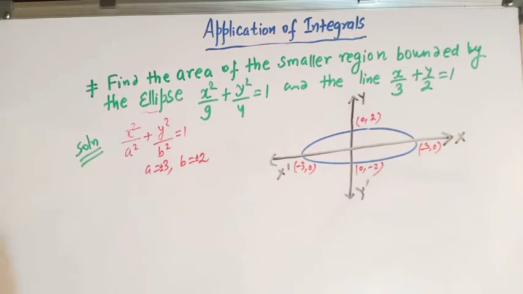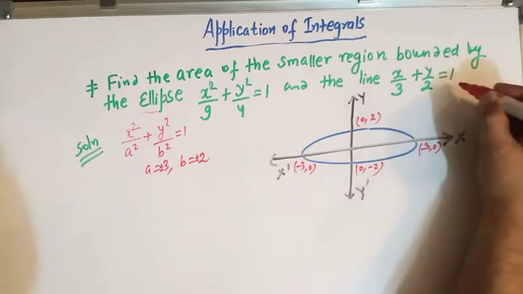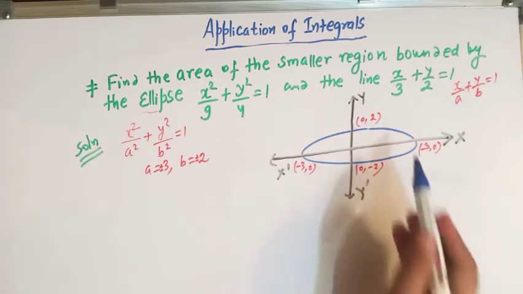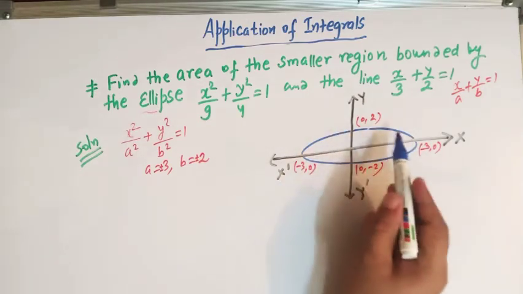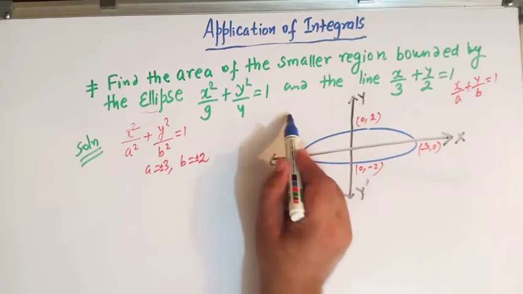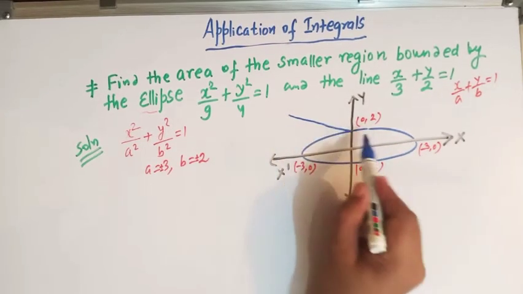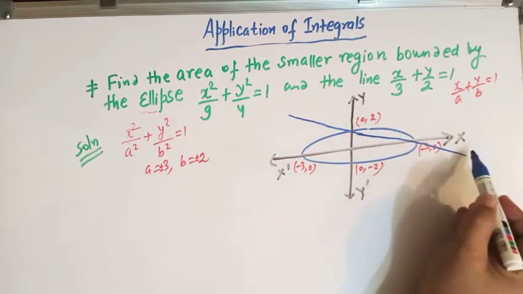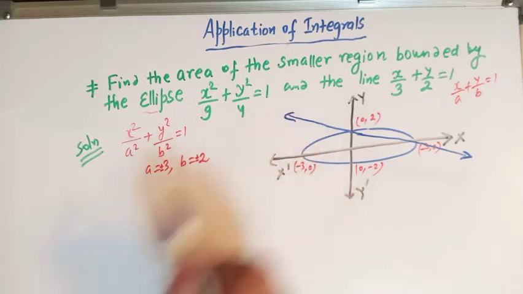So if we compare this line with x over a plus y over b is equal to 1, then we see that this line passes through these 2 points, right? That is 0 comma 2 and 3 comma 0. So the line can be drawn like this. This is the rough sketch of the line.